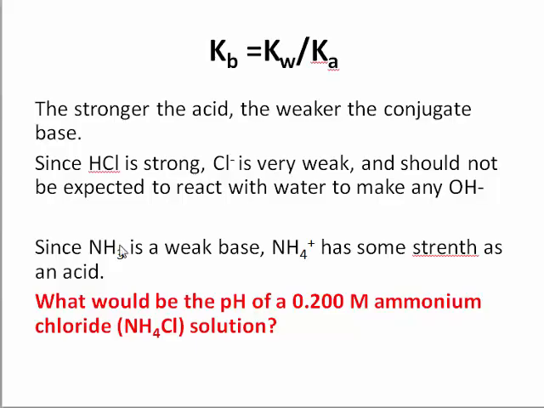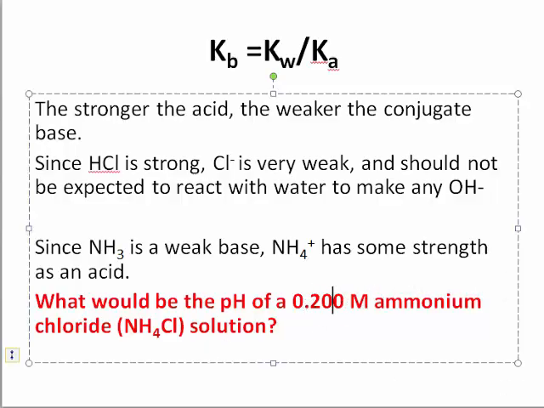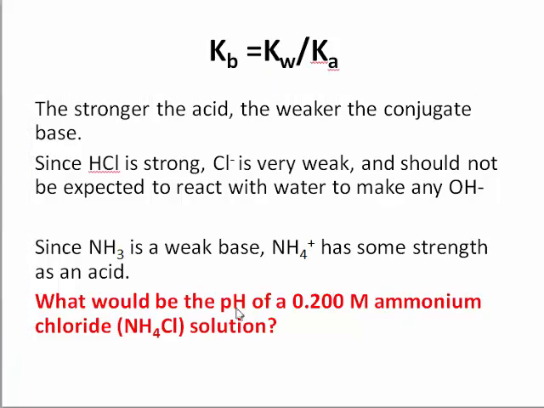Since ammonia is a weak base, however, ammonium has some strength as an acid. And, well, to show this formally, we can calculate the pH of a 0.2 molar ammonium chloride solution.